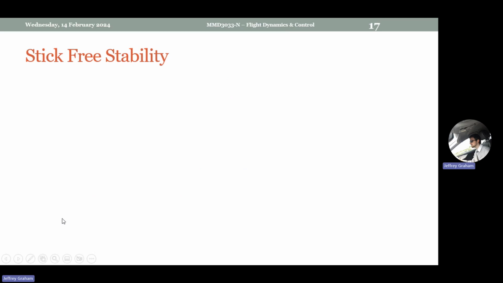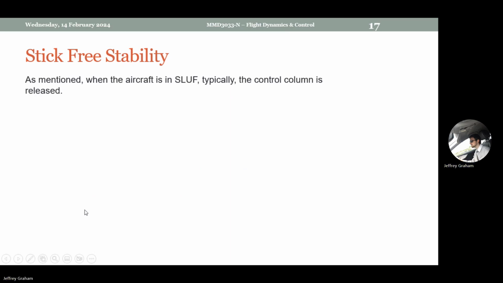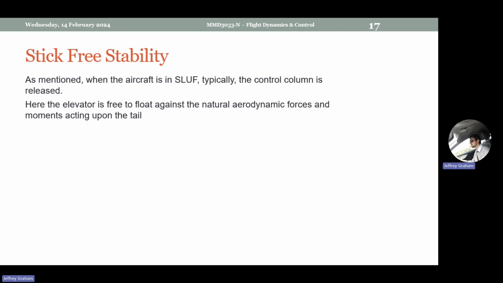Right, stick free, clues in the name. When the aircraft's in steady level unaccelerated flight, the control column is let go by the pilot. This lets the tail section do as it wishes, so it's going to start floating against natural aerodynamic forces.